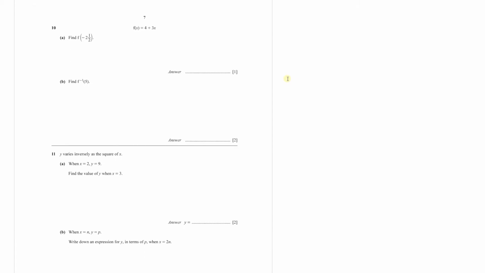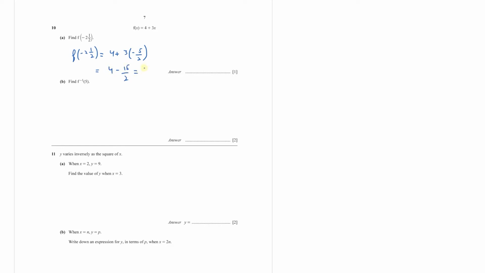Question 10. You are given f of x equals 4 plus 3x. You have to find f of negative 2.5. So you just replace x with negative 2.5. So 4 plus 3 times negative 5 by 2. So this becomes, sorry, 4 minus 15 over 2.